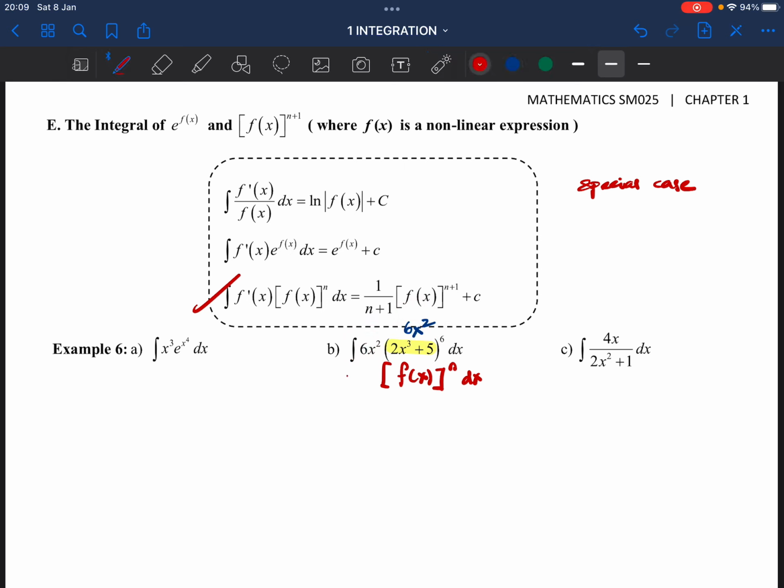That means this is your f prime x. Okay, so by using these properties here, straight away we will get the answer as 1 over n plus 1. That means 6 plus 1, we will get 7. f(x) power n plus 1. Okay, that means 2x cubed plus 5 power 7 plus c.